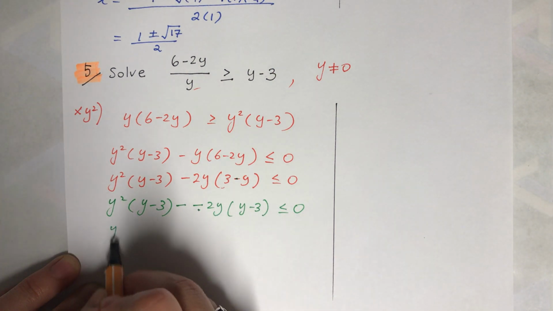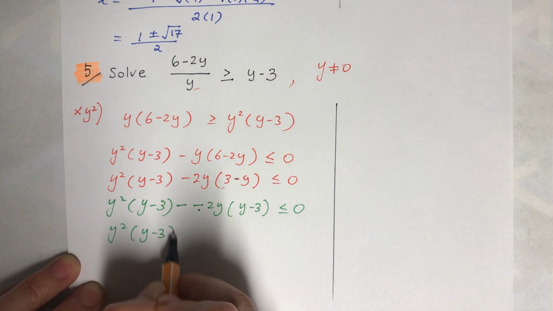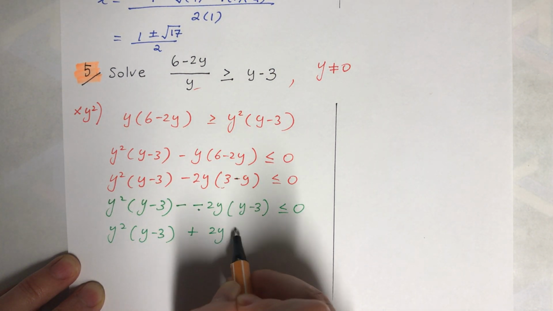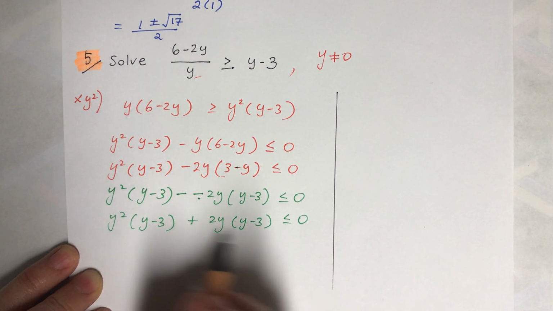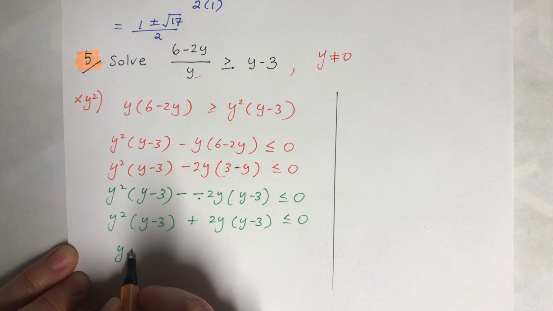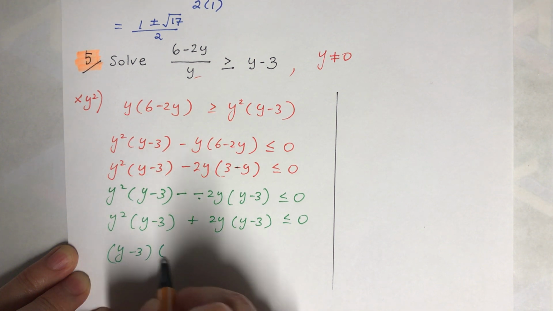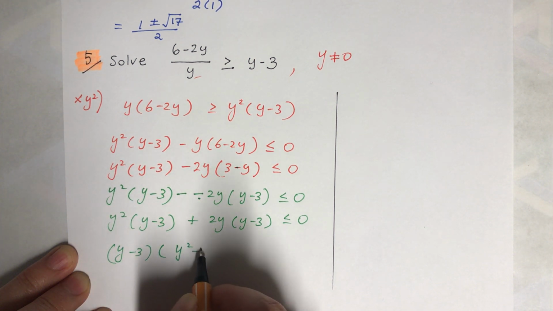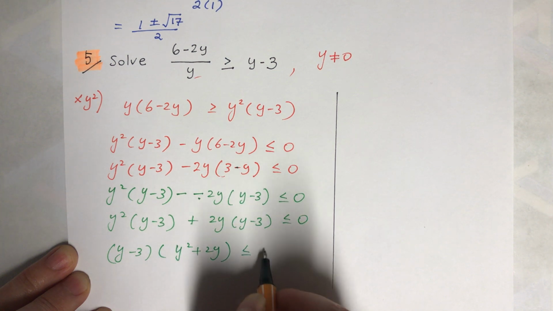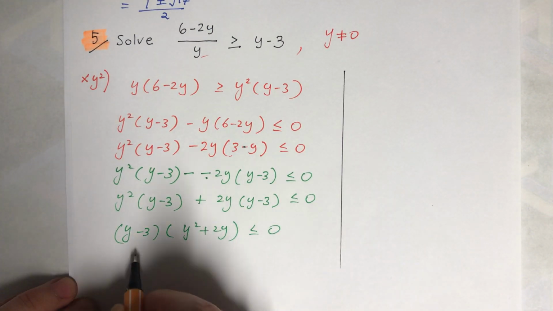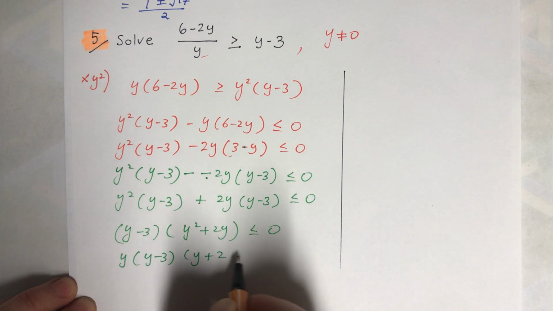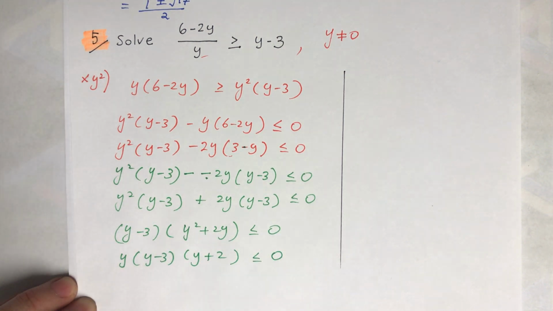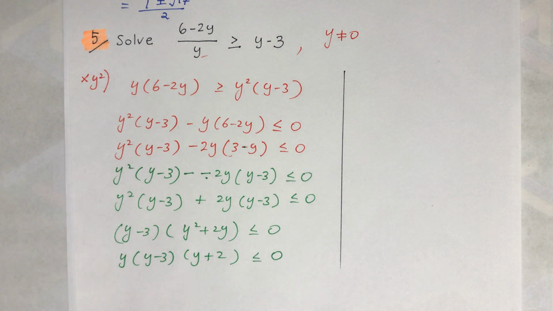So now what I've got is 2y. And then what I've got is, and I'm going to take the y out. Okay, so I've done it a little bit quicker.